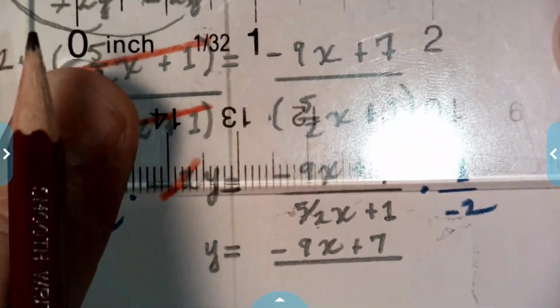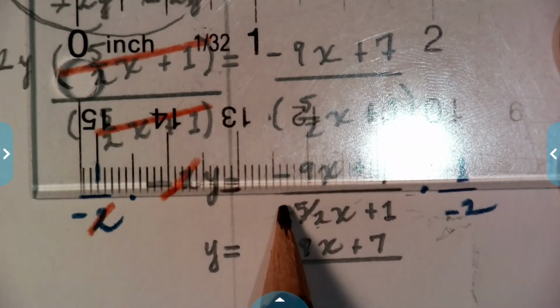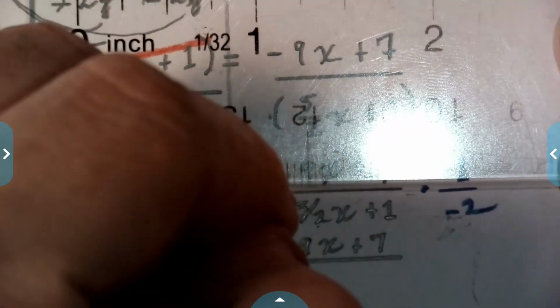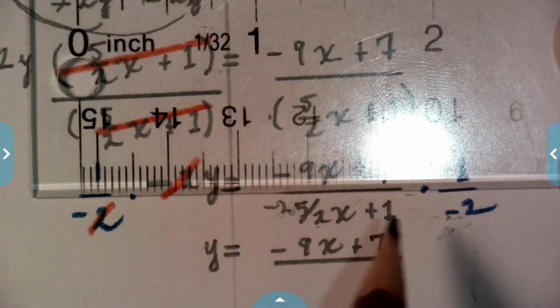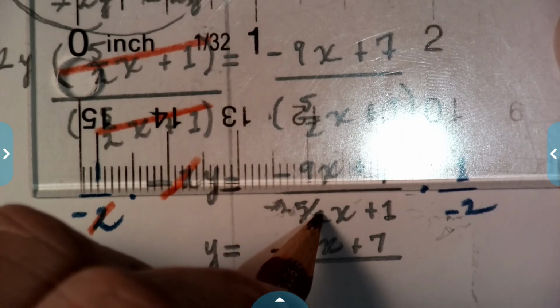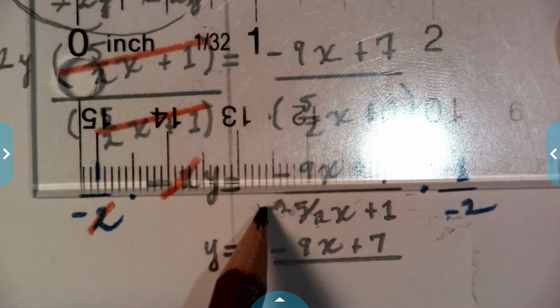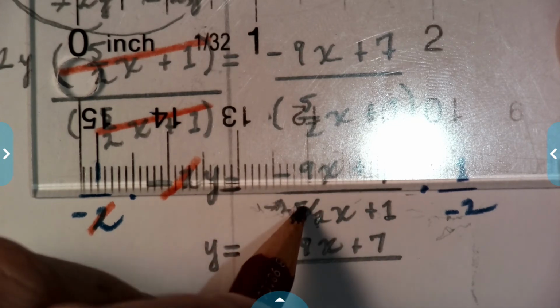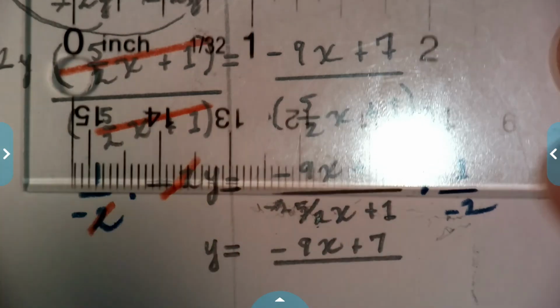Just look at the bottom. I'm multiplying negative 2 times 5 over 2. So this negative 2 over here, when I distribute, it's going to cancel with the 2 down here. But the negative won't cancel. So it's just going to be negative 5x, and then negative 2 times 1 is negative 2.